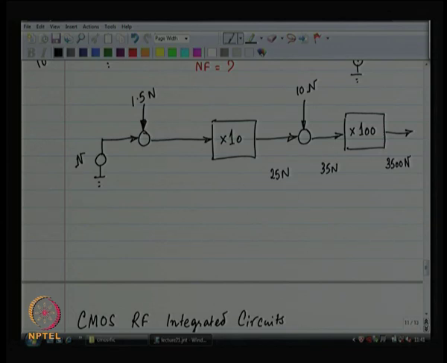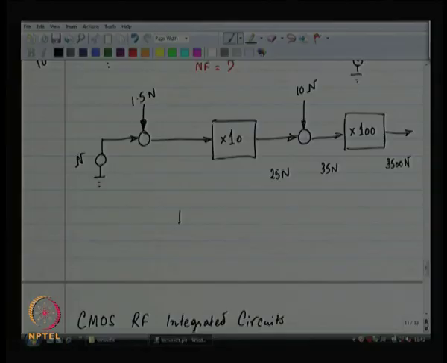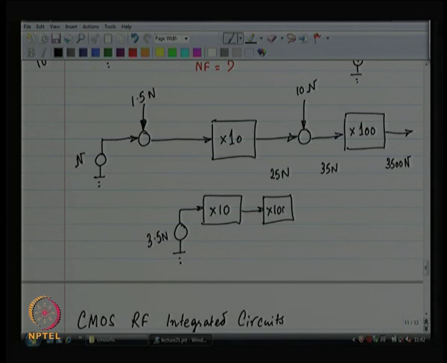But input referred, I have gone through a factor of 1000. So, it is as if I had applied 3.5 n over here and gone through my gain of 10 and my gain of 100. So, these two systems are equivalent. If I have a system with a noise input of 3.5 times n, it goes through a gain of 1000, I will get 3500 n at the output.